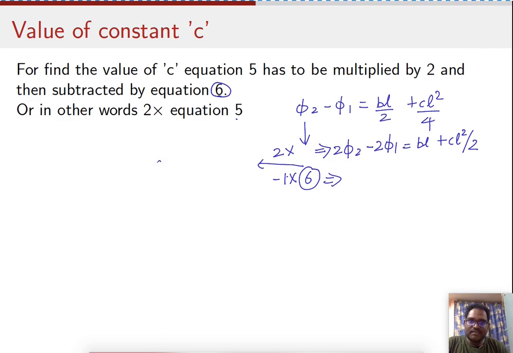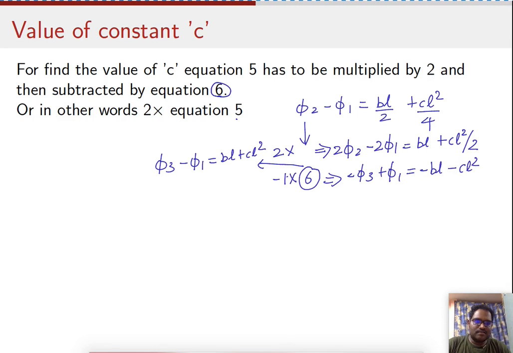Recollecting it, it is phi 3 minus phi 1 is equal to BL plus CL square. When we multiply it by minus 1, we are changing the sign. So this becomes minus phi 3 plus phi 1 is equal to minus BL minus CL square.